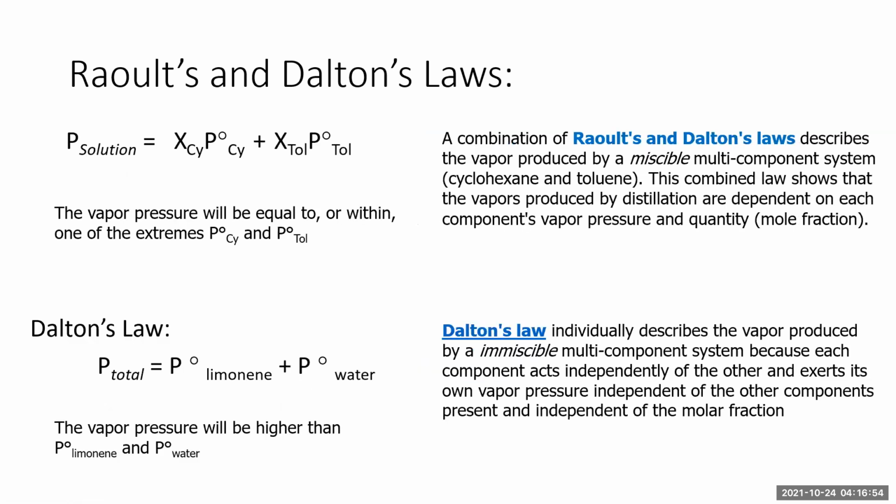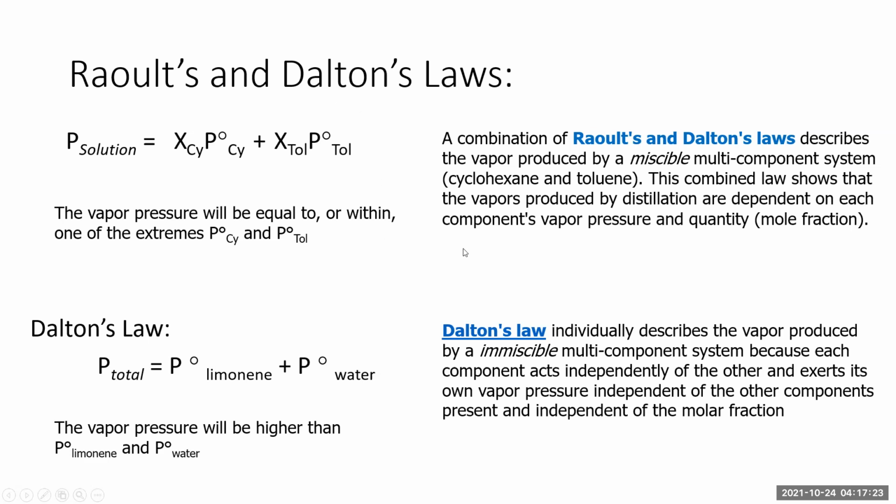So what we really need to do to understand what's happening when you have a miscible multi-component system, like a mixture of cyclohexane and toluene, is combine the two laws. And so what we'll see here is that this particular equation, where the vapor pressure of the solution will be equal to the individual components' vapor pressures when pure multiplied by their mole fraction.